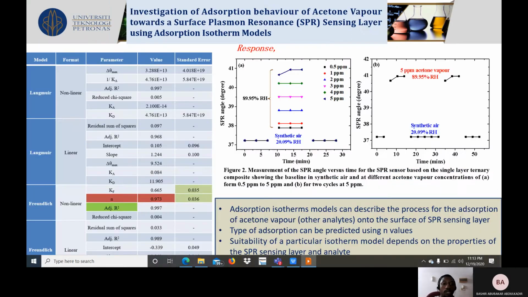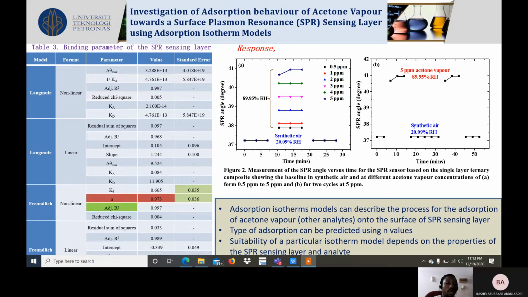From here, we were able to come up with this table 2, which contains the binding parameters of the two different isotherm models in both non-linearized and linearized format.